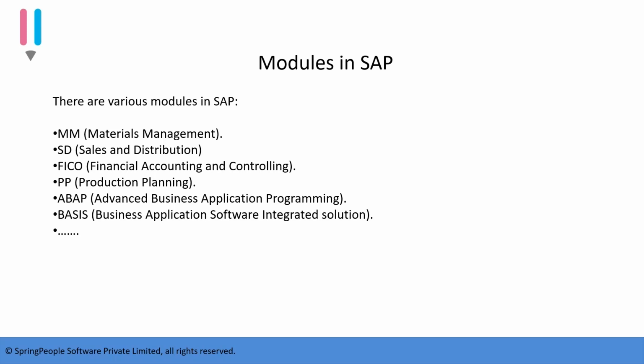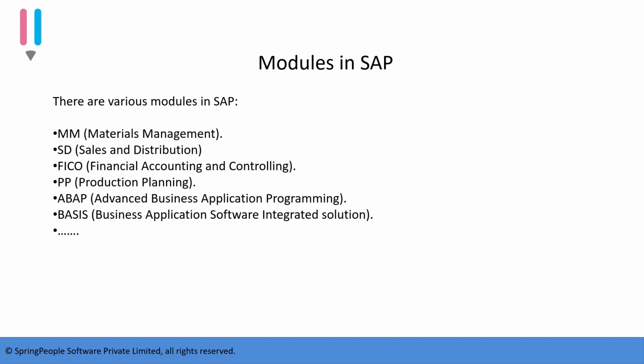Now if you want to sell something, then either you have to buy something or you have to manufacture something. All the buying activities plus your storage, that is, your purchasing department plus your stores department, together are called materials management, MM.